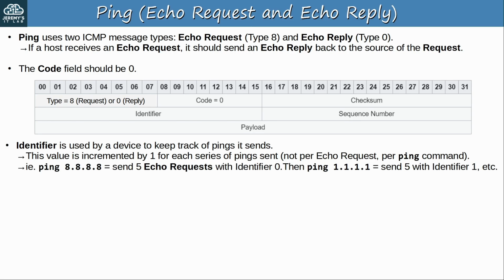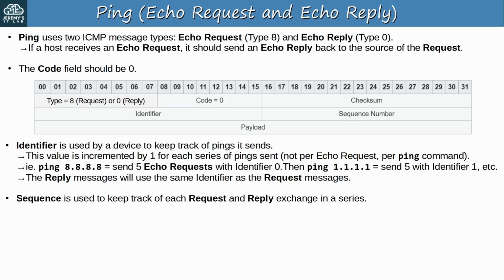For example, if you ping 8.8.8.8, that will send 5 requests with identifier 0. Then, if you ping 1.1.1.1 after that, it will send 5 requests with identifier 1, etc. And the reply messages will use the same identifier as the request messages.